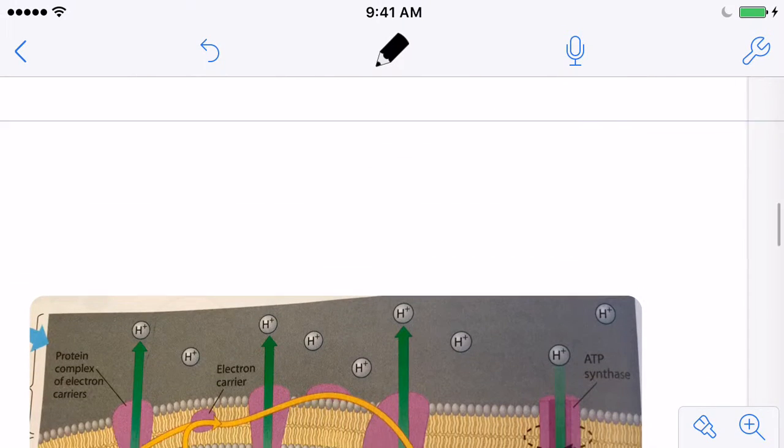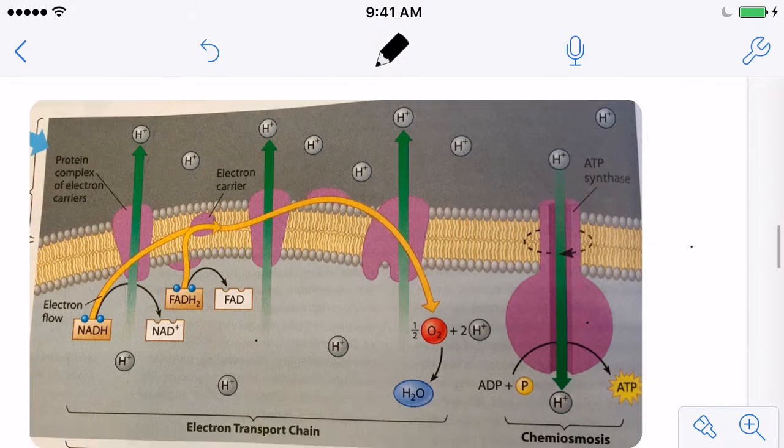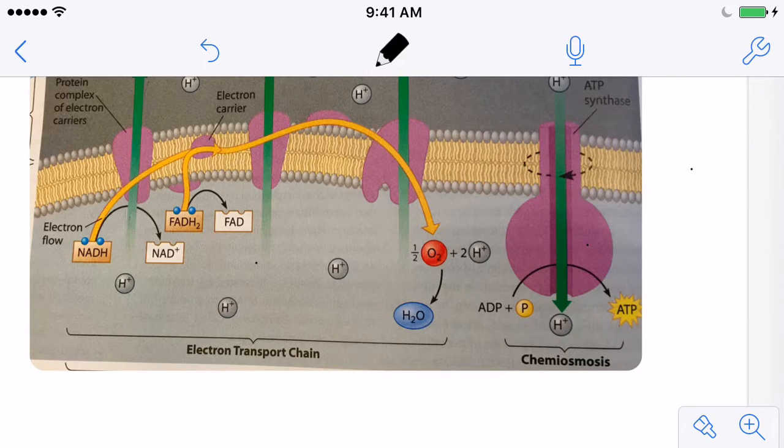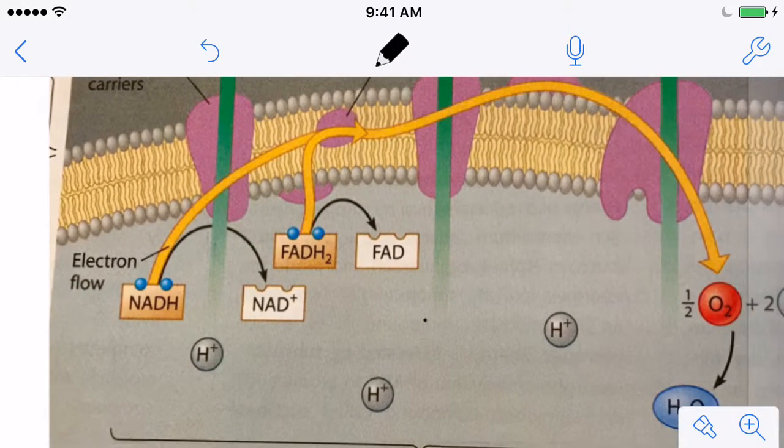In oxidative phosphorylation, there are two processes, called the electron transport chain and chemiosmosis. In the electron transport chain, the NADH and FADH2 electron carrier molecules start the whole process.